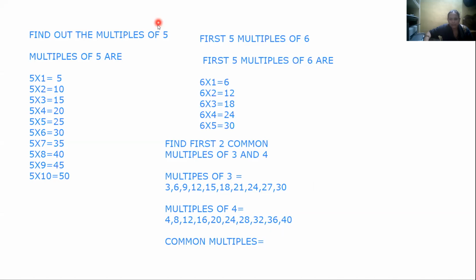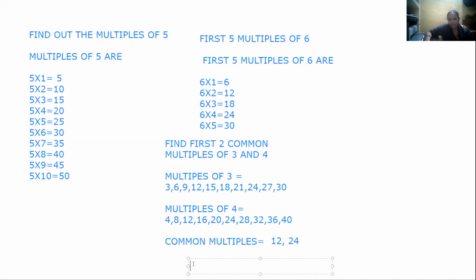So the common multiples are 12 and 24. So here we have found the common multiples also. You were supposed to find only 2 common multiples, right?